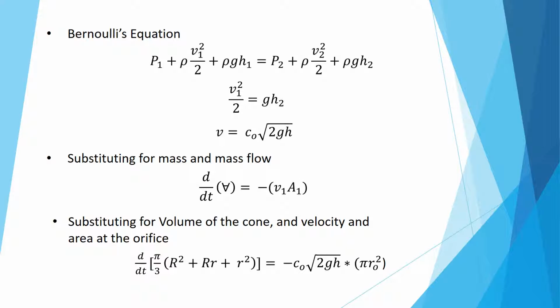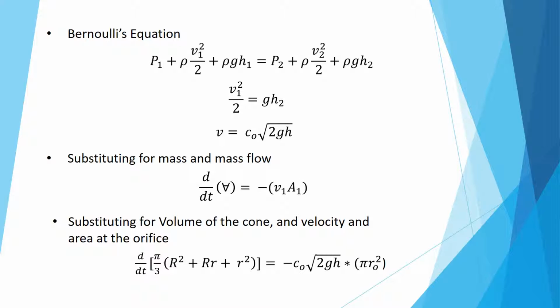Continuing with Bernoulli's equation, since pressure 1 is equal to pressure at 2 because they are both at atmospheric pressure, those values cancel out. The density is constant throughout the whole system, therefore all values for density cancel out.